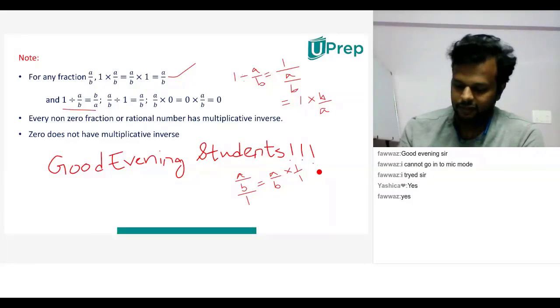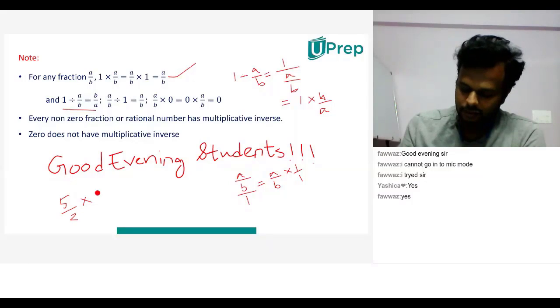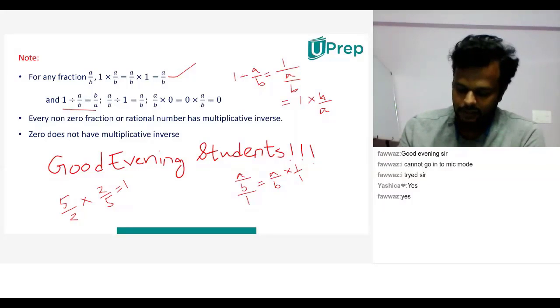And whenever we were talking about multiplicative inverse, I think we saw this example, isn't it? 5 by 2 into 2 by 5 is equal to 1. So the multiplicative inverse of 5 by 2 is 2 by 5.